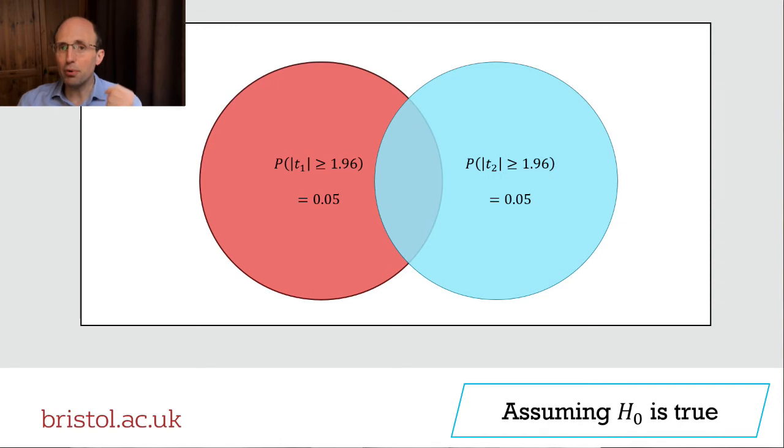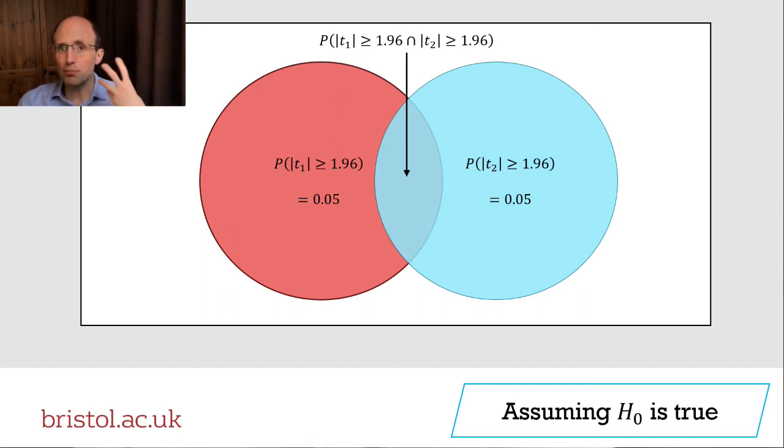So if we wanted to find the probability of getting a t-statistic on either beta 1 or beta 2 being greater than or equal to 1.96, if both of them in reality are equal to 0, then we need to find the total shaded area. And the total shaded area is going to be equal to the probability that T1 is greater than or equal to 1.96 plus the probability that T2 is greater than or equal to 1.96. But we're counting the intersection twice.